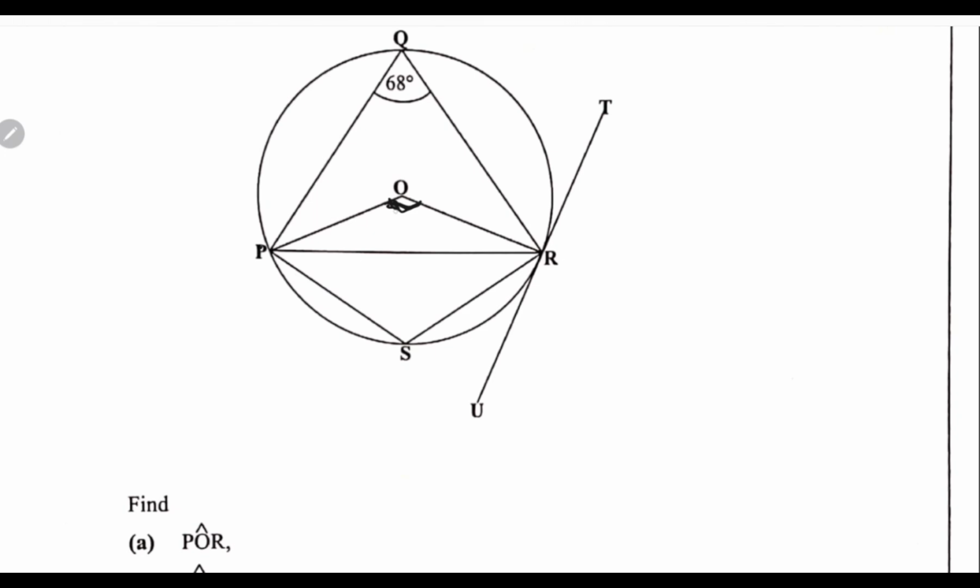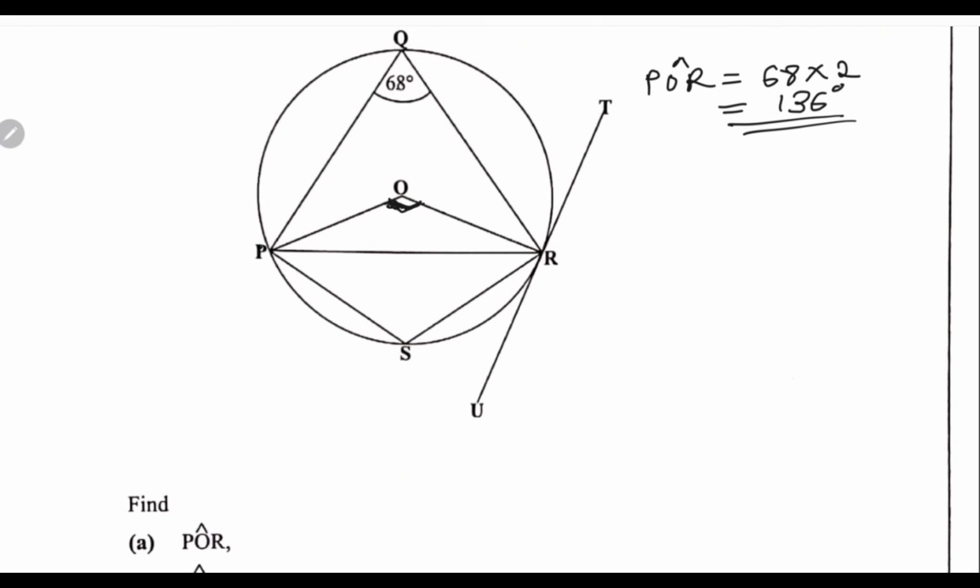So the angle at the center is twice as big as the angle at the circumference. So if this is 68, to find the angle at the center, you simply multiply 68 by 2, then it will give us POR. So angle POR is equal to 68 times 2, which is 136 degrees.